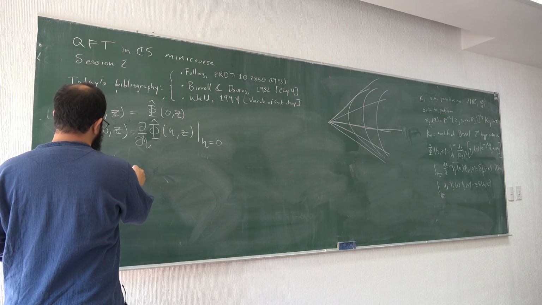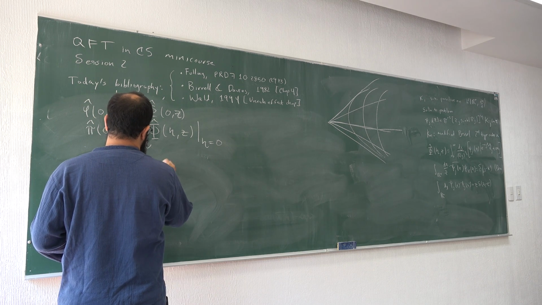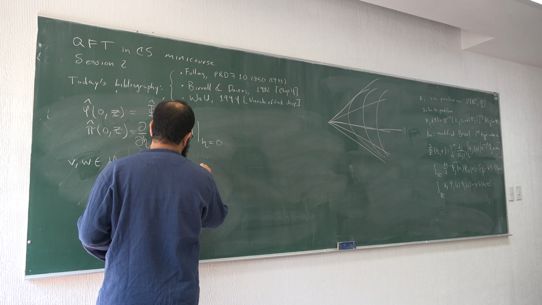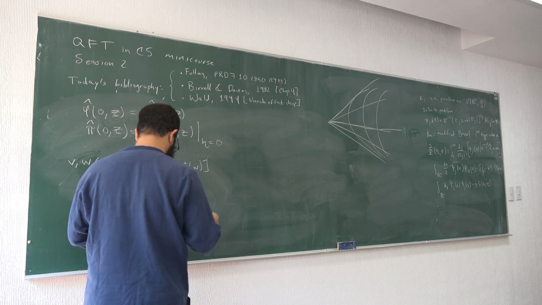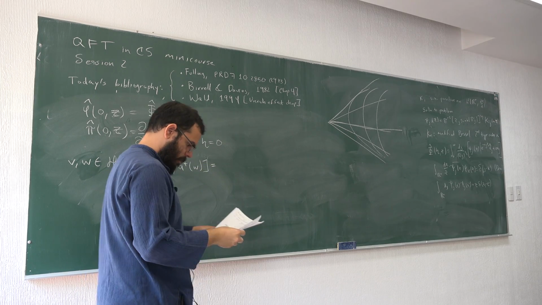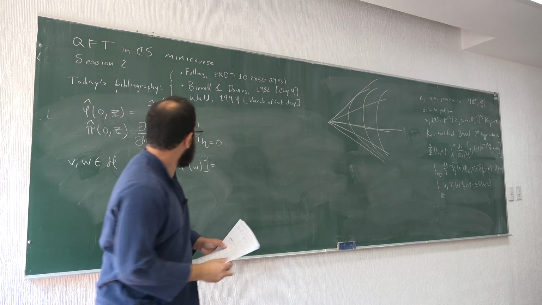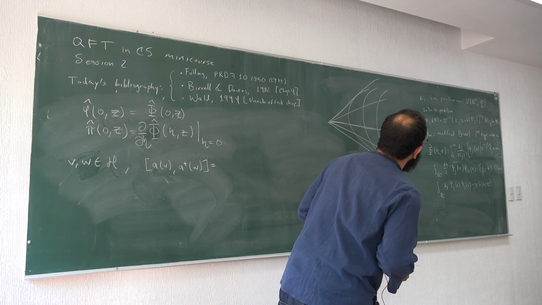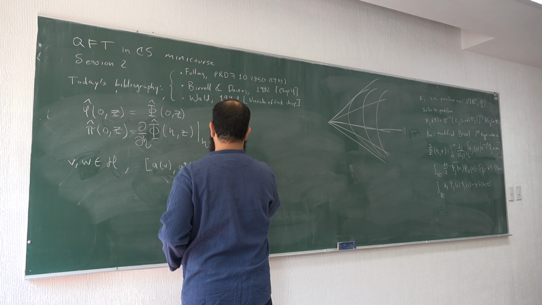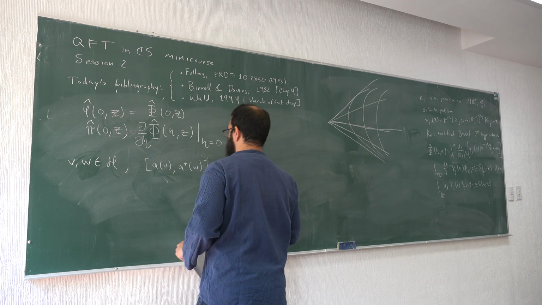In the one particle Hilbert space of the theory, we have that A(V), A star(W) equals the inner product of V and W times the identity.